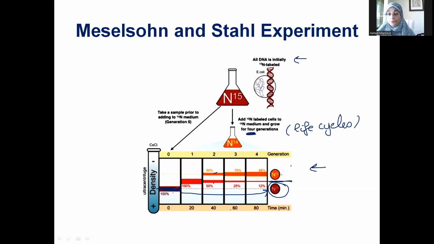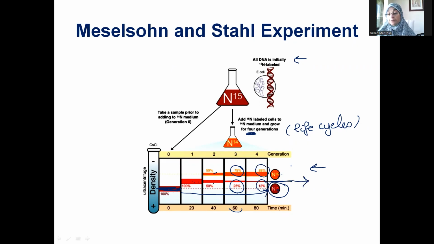And then after the third cycle, we have only 25% containing nitrogen 15, as we said, and 75% containing nitrogen 14. After the fourth life cycle, as we said on the previous screen, 12.5% will be nitrogen 15 and 87.5% will be nitrogen 14.